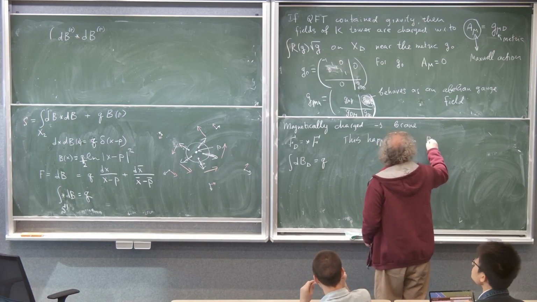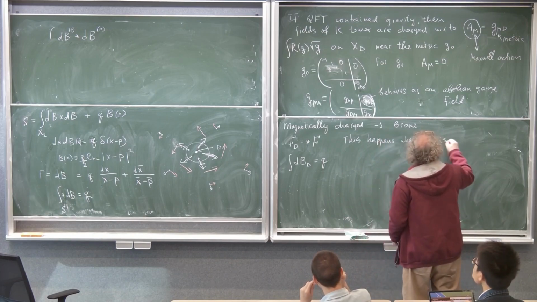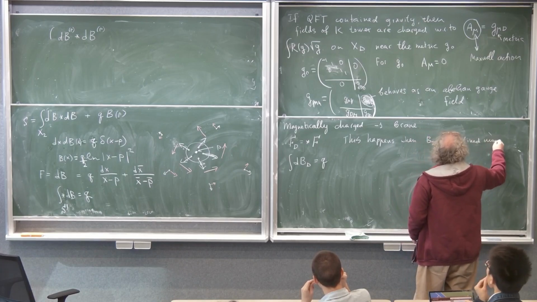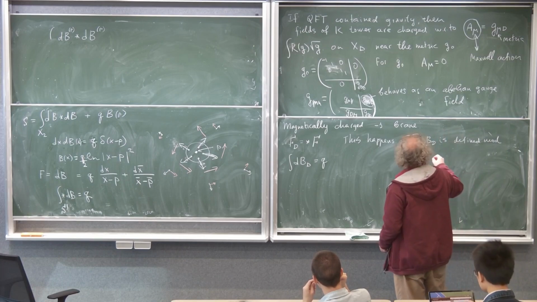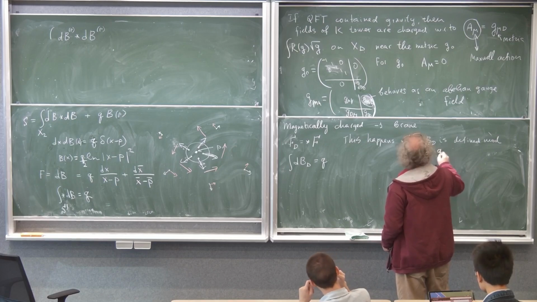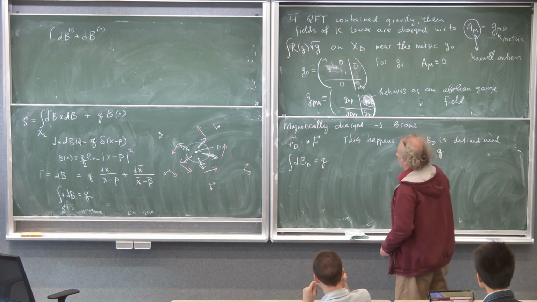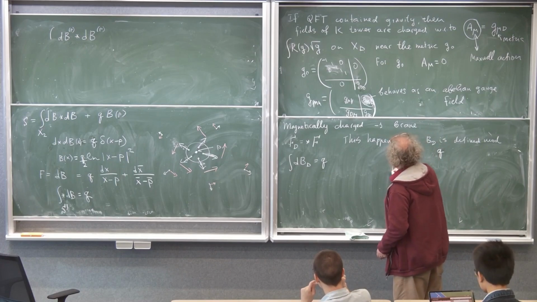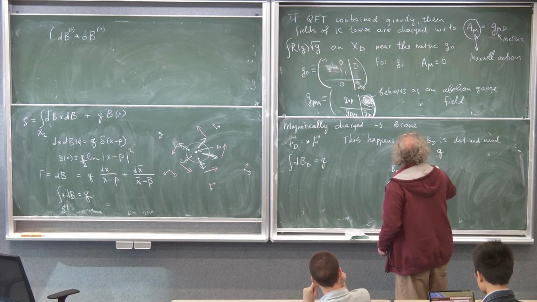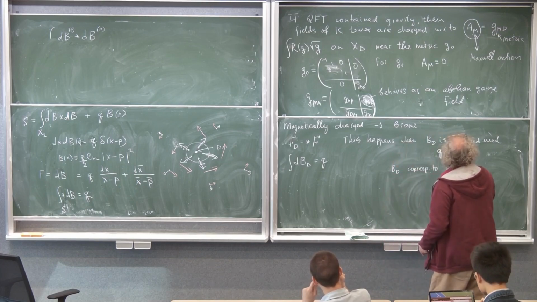when B dual is defined modulo Q. So it means that the dual corresponds to maps to S1.